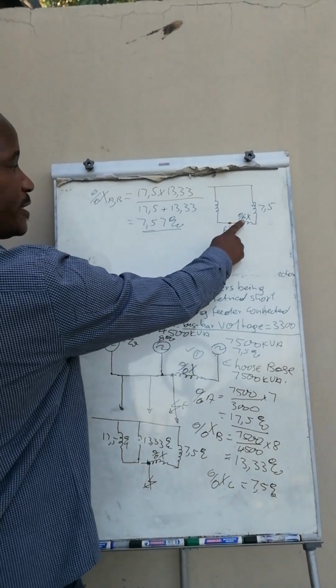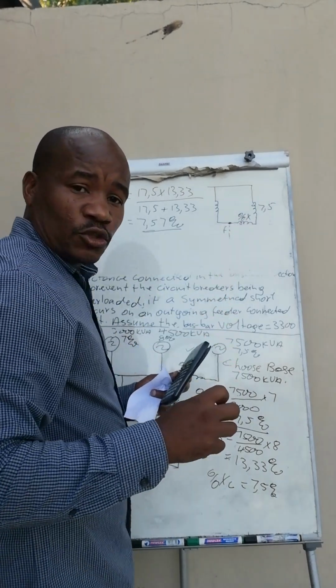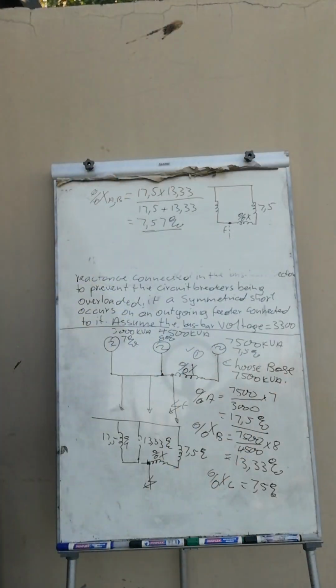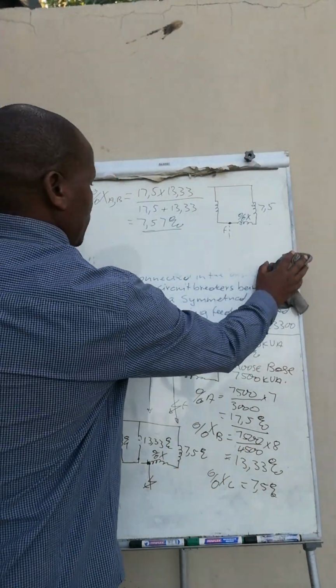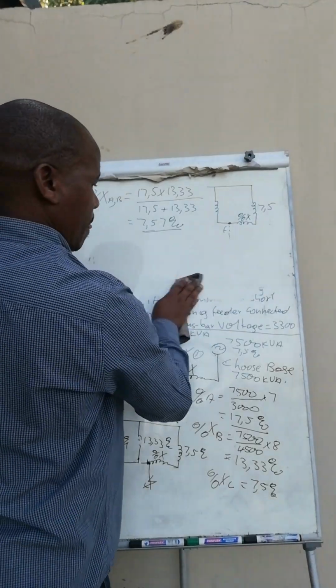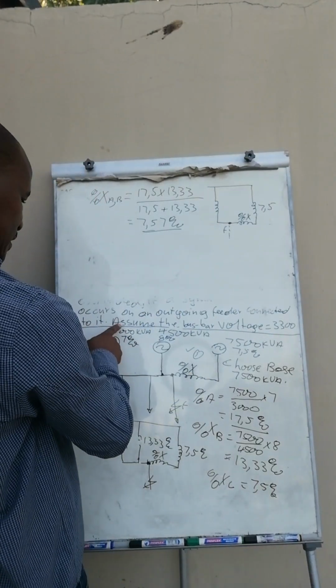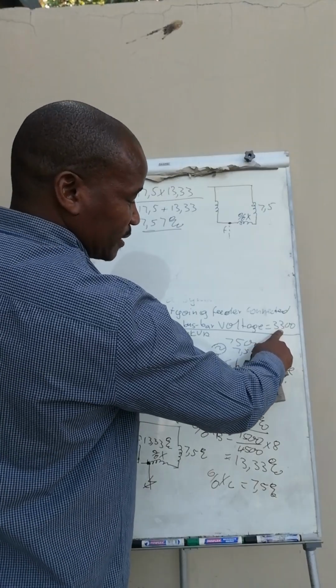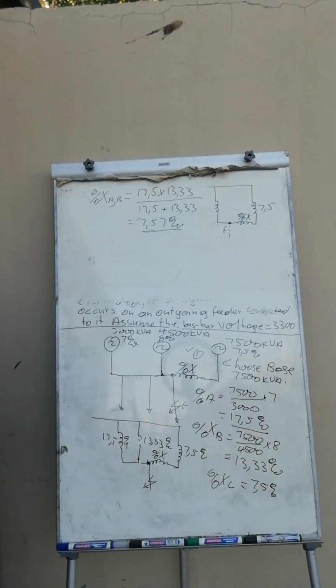And we are not calculating the percentage reactance, we are calculating the reactance. And we have assumed a bus bar voltage of 3,300.